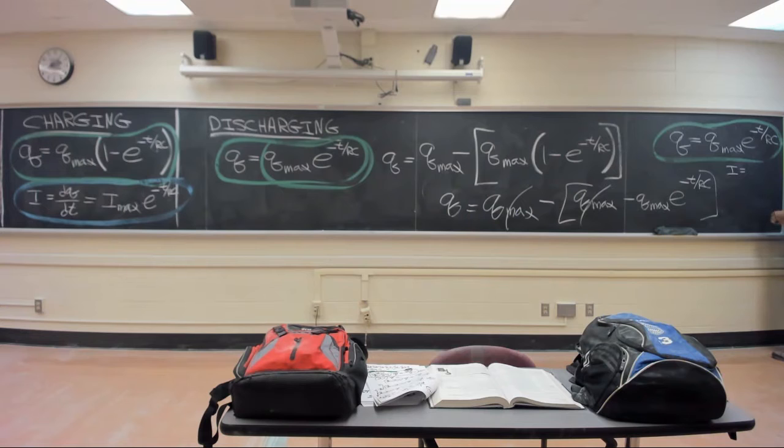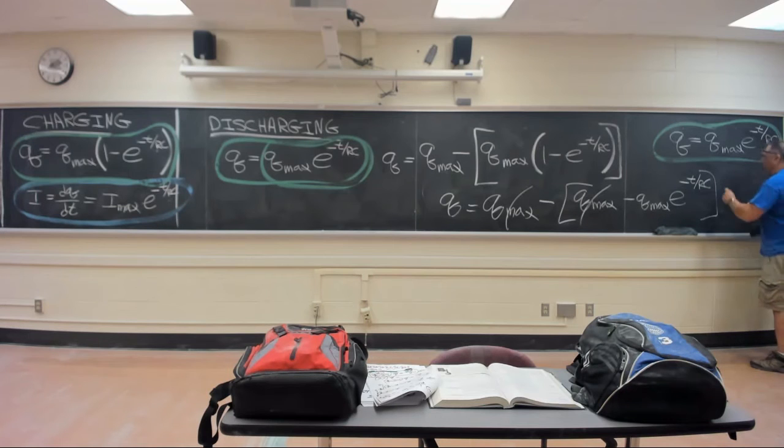Q max times negative 1 over RC is negative 1. So what you have here, guys, you'd have Q max, the negative RC right here. Well, negative Q max over C is negative V max. Negative V max divided by R is negative I max.